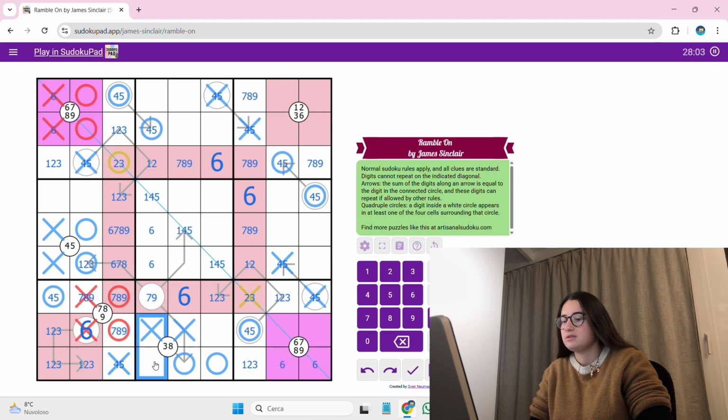Can this be 3, 8? Yeah, they could be. The 8 would be here, and that's it. 7 again. 1, 2, 3. 1, 2, 1, 2. So we have a 2 and a 3. We need another 2 and another 3.